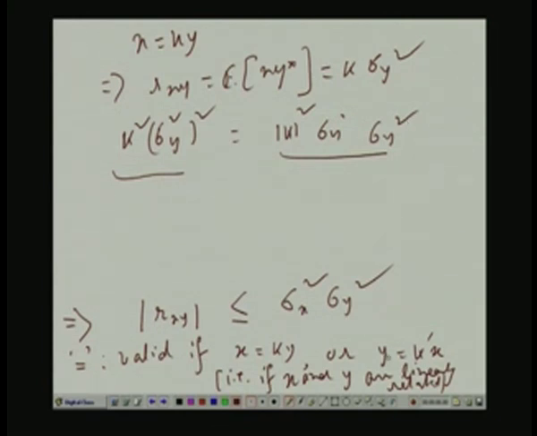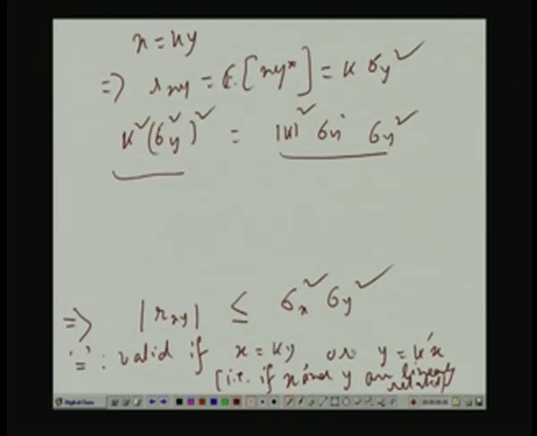Similarly, you can verify that when y equal to k prime x, even then the equality is satisfied, and this x equal to k y or y equal to k prime x takes care of the 0 cases, that is x equal to 0, y non-zero, or y equal to 0, x non-zero, both cases are satisfied here. For instance, when x is a 0 random variable and y is not, then I can always express that as x equal to k y where k is 0.